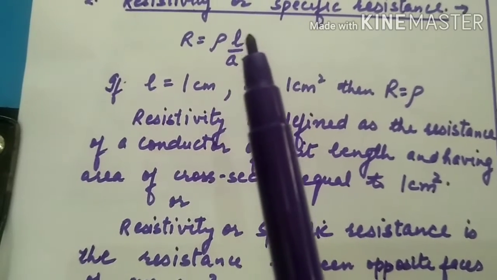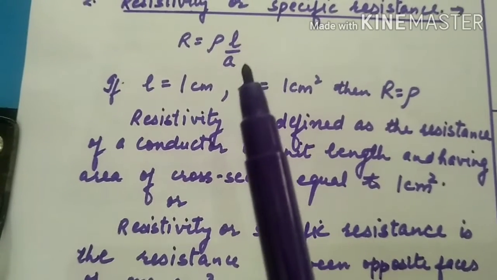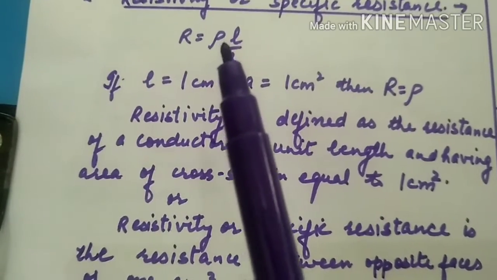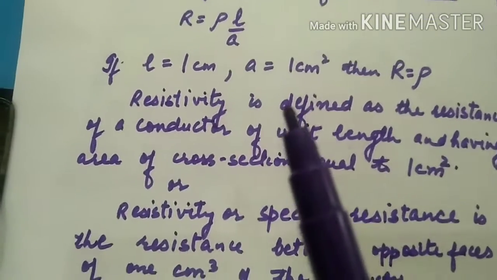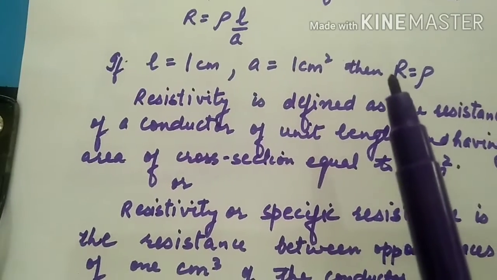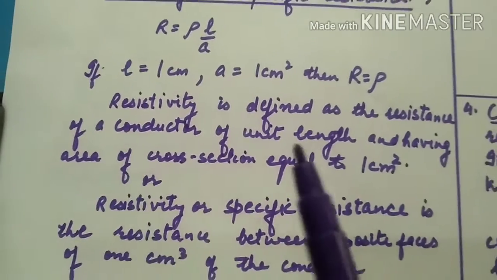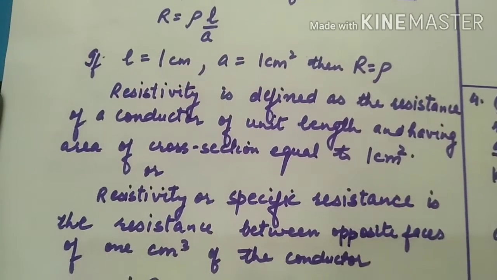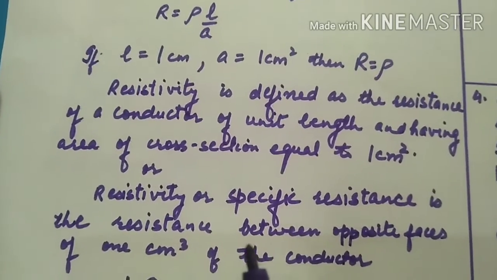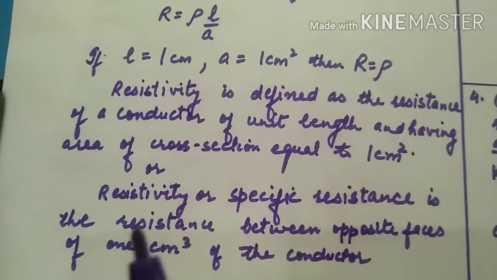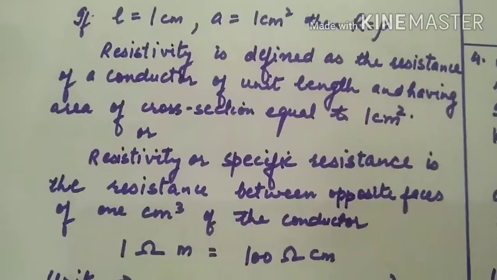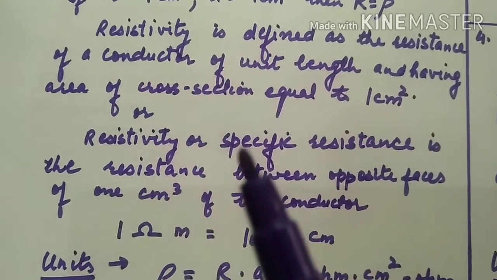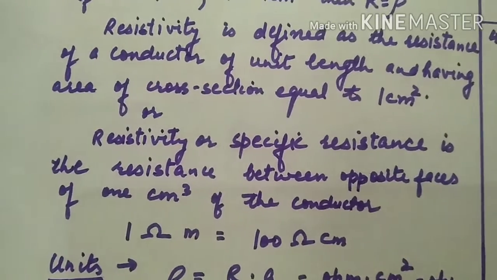That means this L upon A becomes 1 and you get R is equal to rho. So you get the definition that resistivity is defined as the resistance of a conductor of unit length and having area of cross section equal to 1 centimeter square. Or resistivity or specific resistance is the resistance between opposite faces of 1 centimeter cube of the conductor.